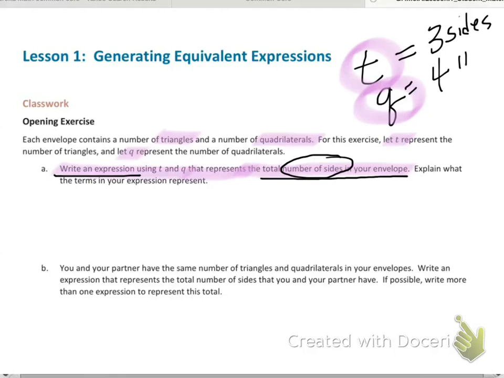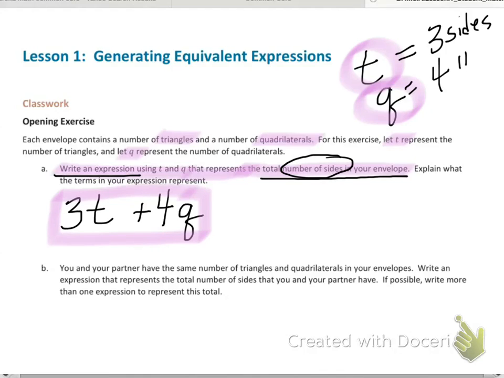So, if we're going to write an expression, we have T, the number of triangles, plus Q, the number of quadrilaterals. Now, each triangle has 3 sides and each quadrilateral has 4 sides. Therefore, here is our expression, 3T plus 4Q. This expression will help us determine the number of sides in the envelope.